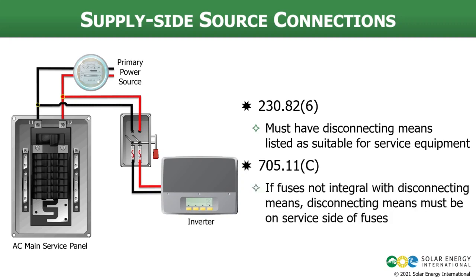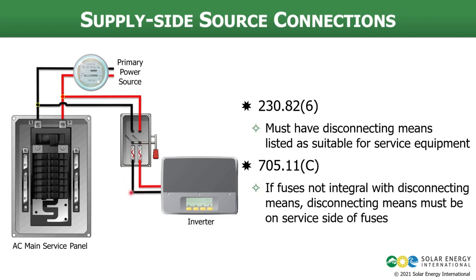If the fuses are not integrated into the disconnecting means, and really even if they are integrated into the disconnecting means, the disconnect must be on the service side of the fuses. That's what we see here in this diagram. You can see the conductors coming from the point of interconnection go into the disconnect, hit the actual physical disconnect first, and then go through the fuses. If the fuses were not integrated into the disconnect, they would need to be on the load side of the disconnect.